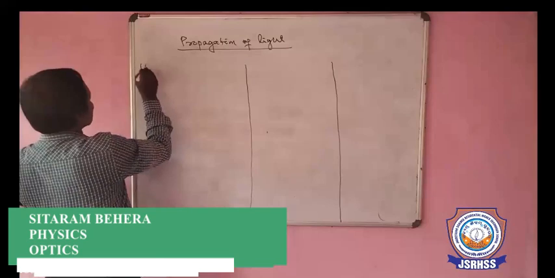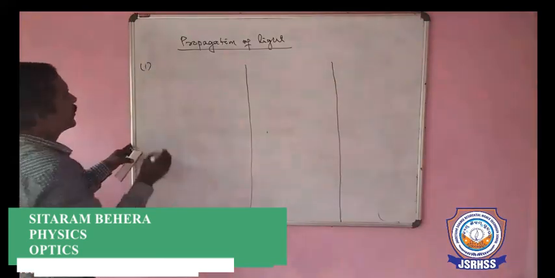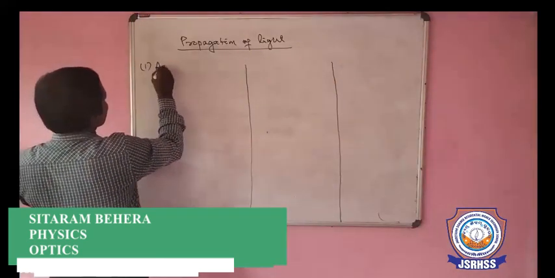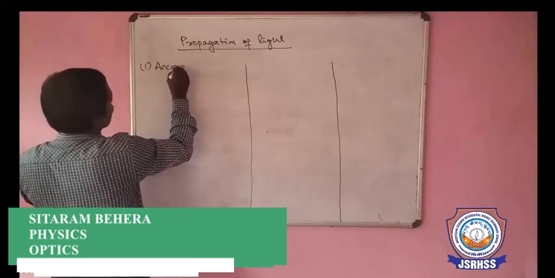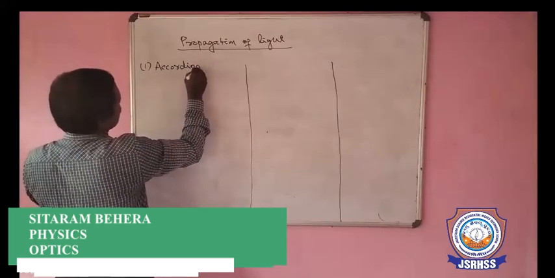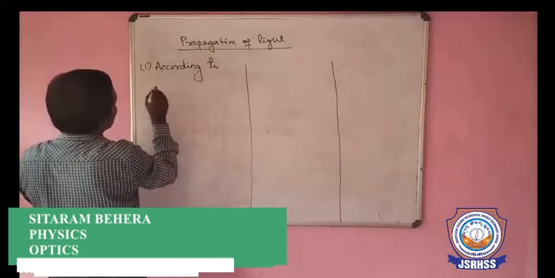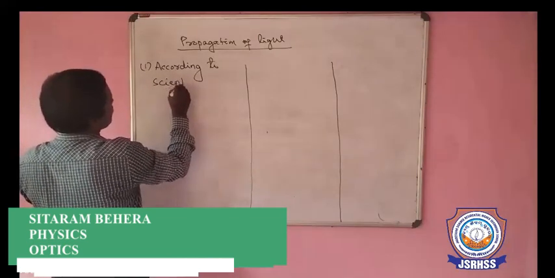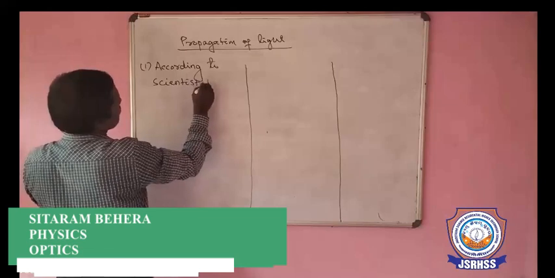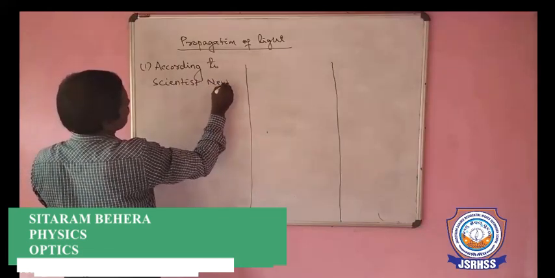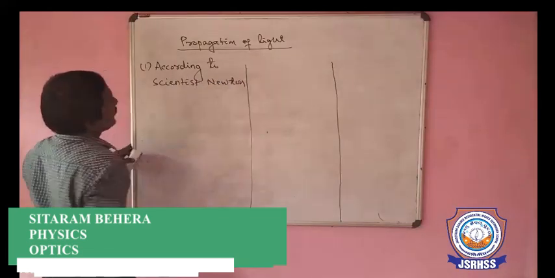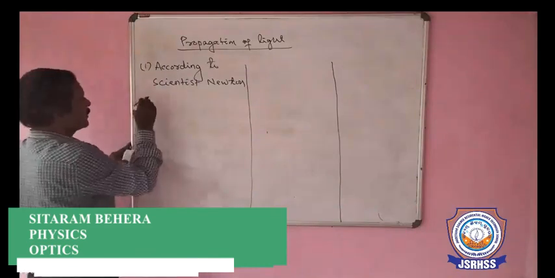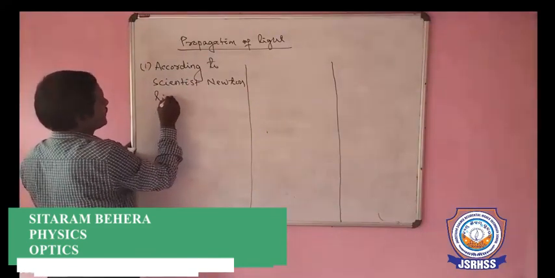Number one, according to scientist Newton, light moves in a straight line.